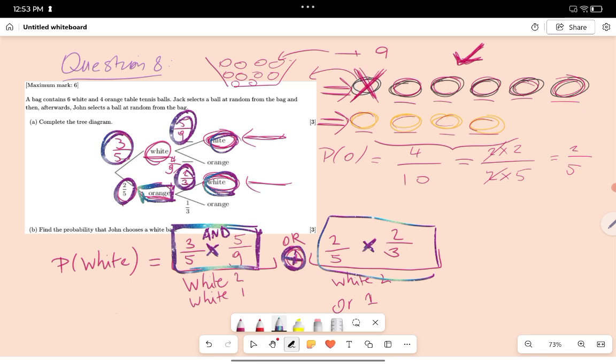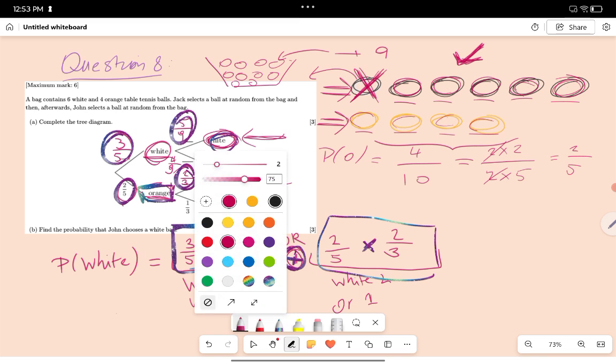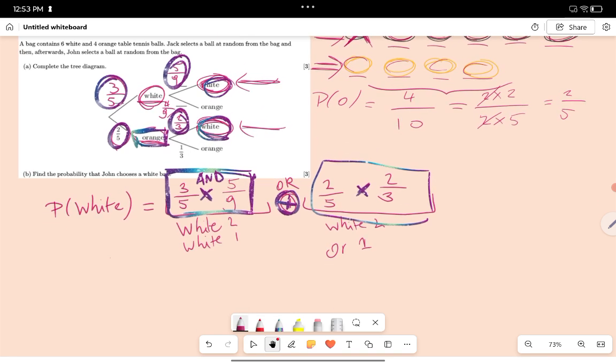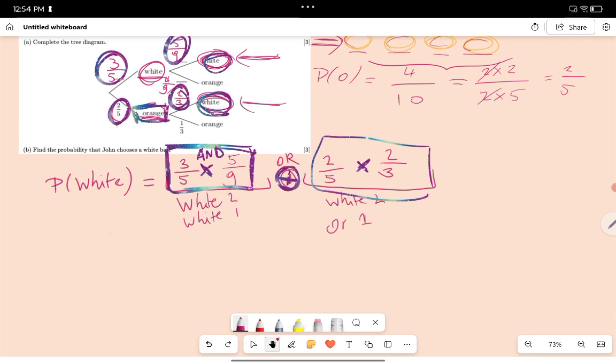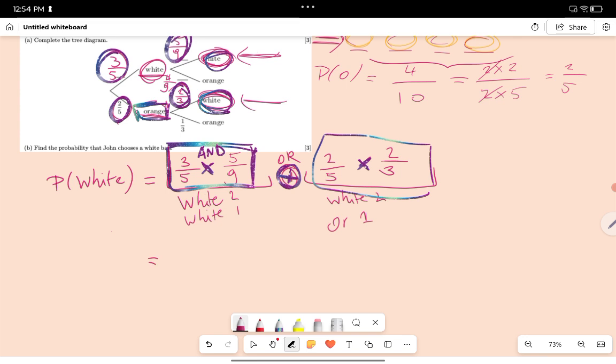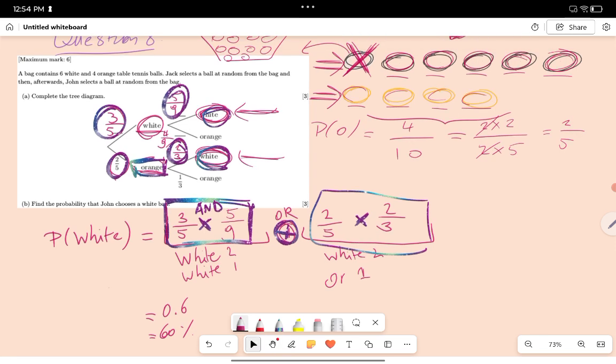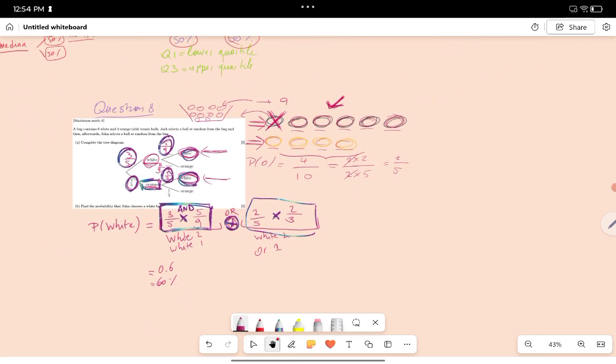And when we have two options, it's or, and therefore we're going to add. Okay, so be careful here with calculating the probability. It's like this. And then when you compute it, you must get 0.6. So that is 60%.